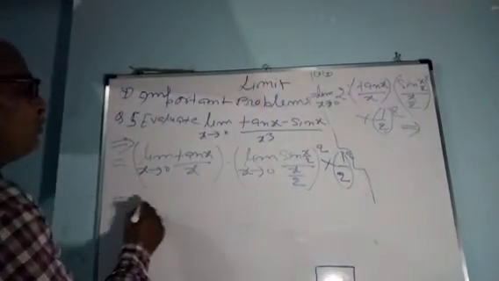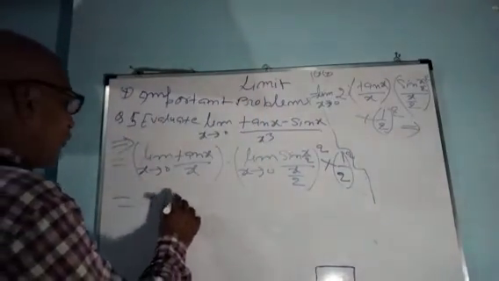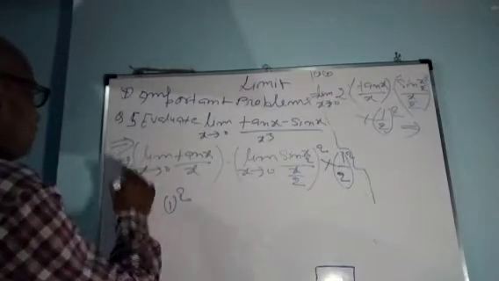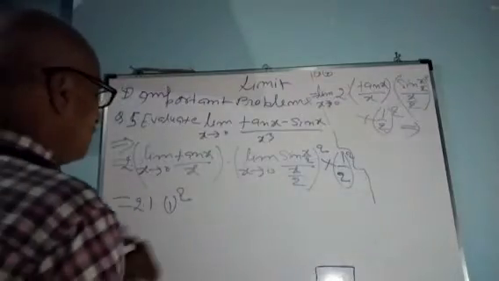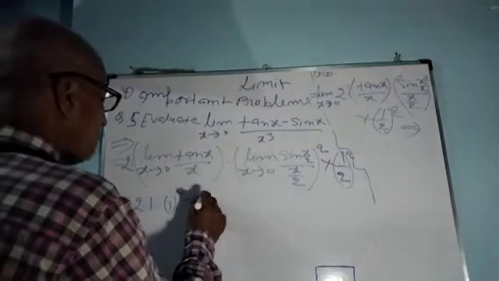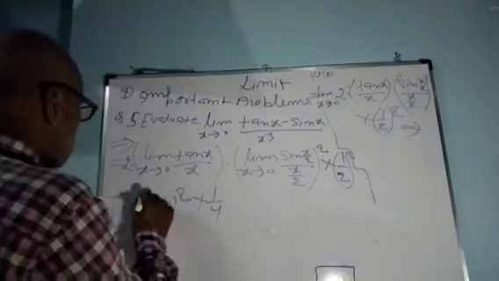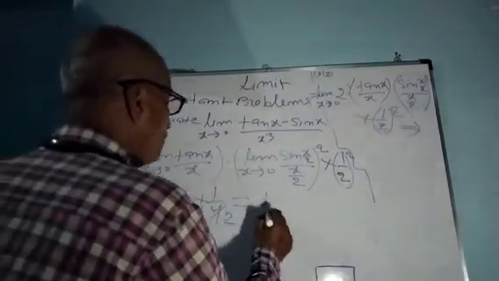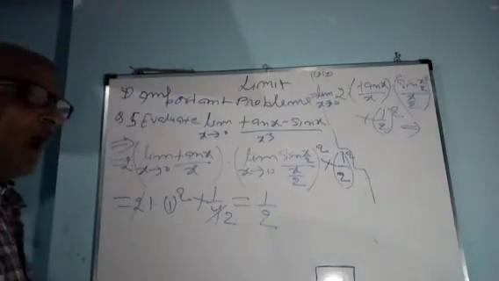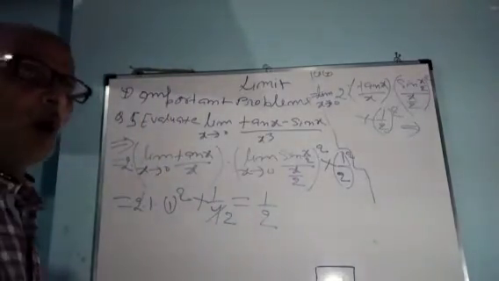This is equal to 1 into 1 square into 1 by 2. This is equal to 1 by 2. This is the required limiting value of the function.